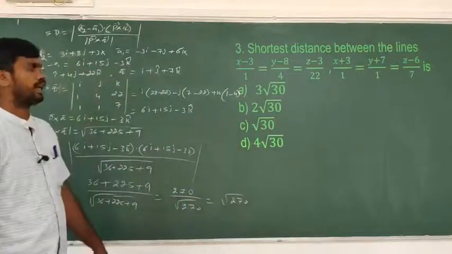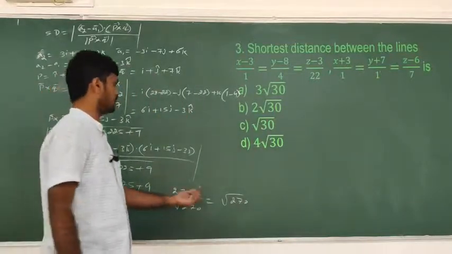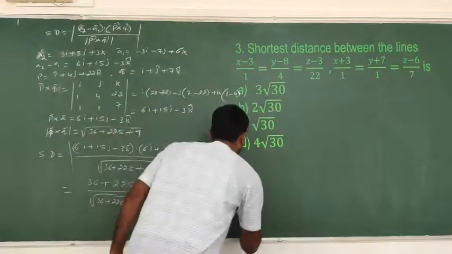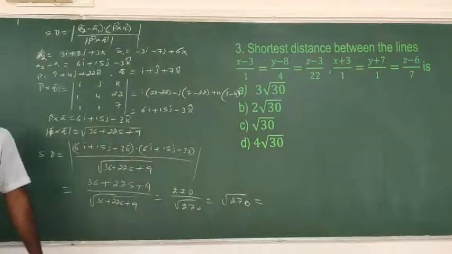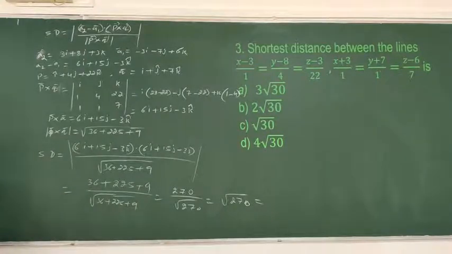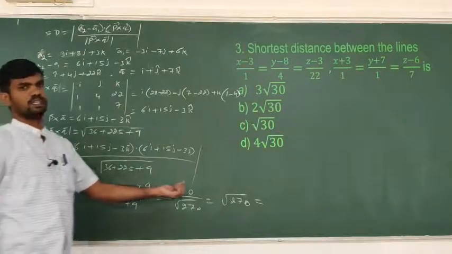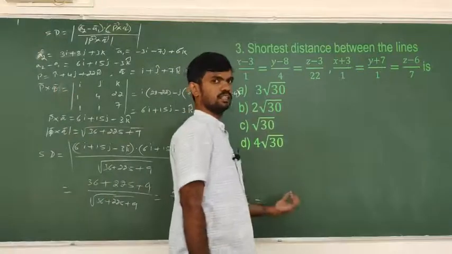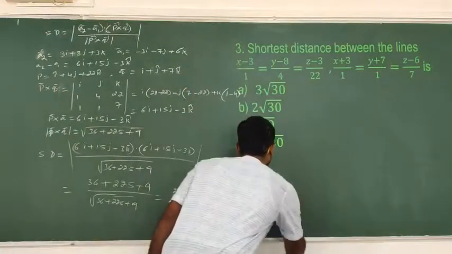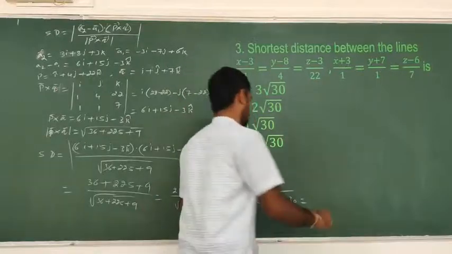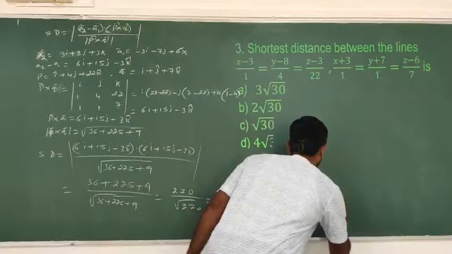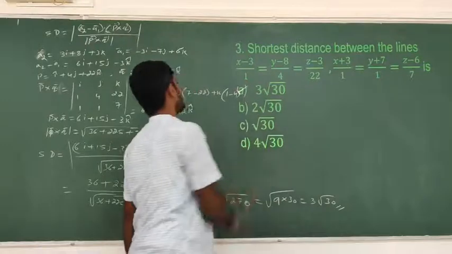Square root of a divided by square root of a can be written as root a, so this is the square root of 270. 270 is 9 times 30, so the square root of 9 into 30. We know the square root of 9 is 3, so this can be written as 3 root 30. So option A is the right answer.